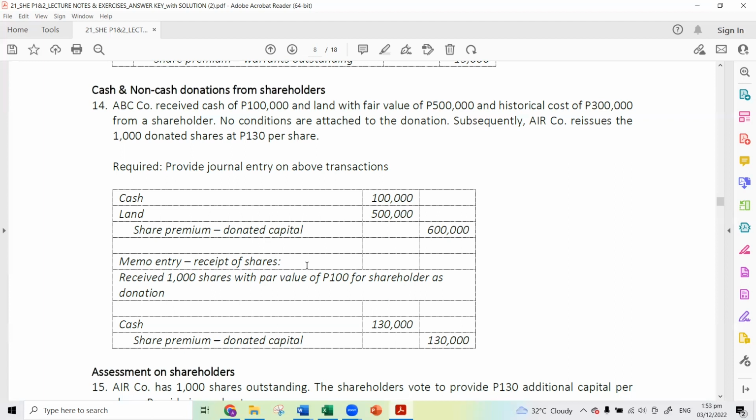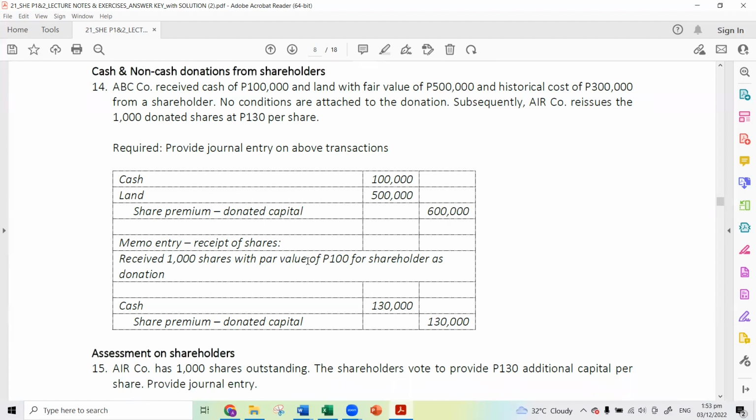Yan yung concept naman on the cash and non-cash consideration. Kapag cash, the amount of cash received. Kapag naman ay non-cash o non-cash assets, recognized at the fair value of the non-cash assets. Kapag naman ay equities own shares, yan ay memorandum entry lang.